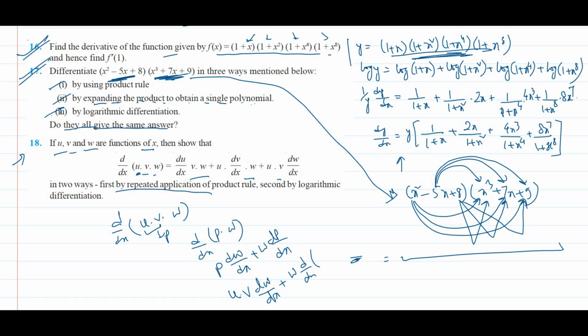That is d by dx of p. P is u dot v. So that is equal to u v dw by dx plus w times, now this I am going to do in another repeated product rule. So that is going to be u times dv by dx plus v times du by dx. And that's how you get the result, by repeated application of product rule.